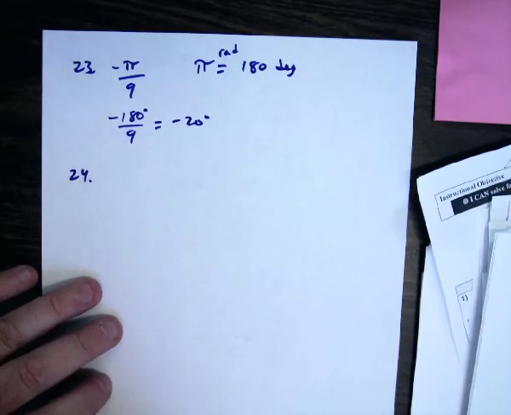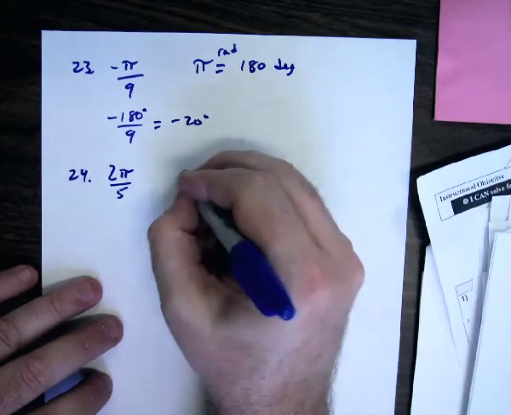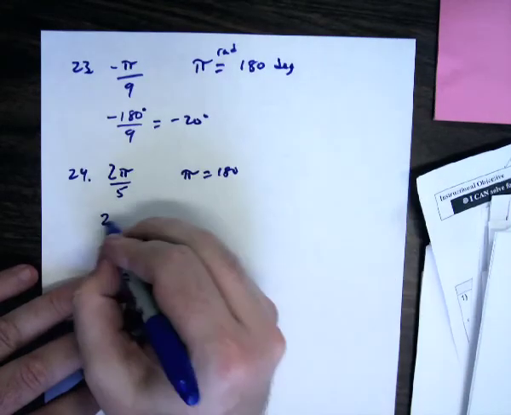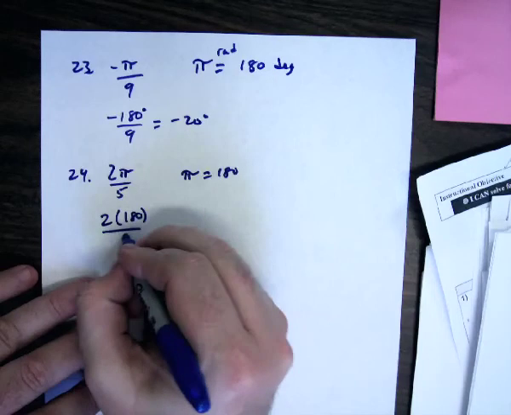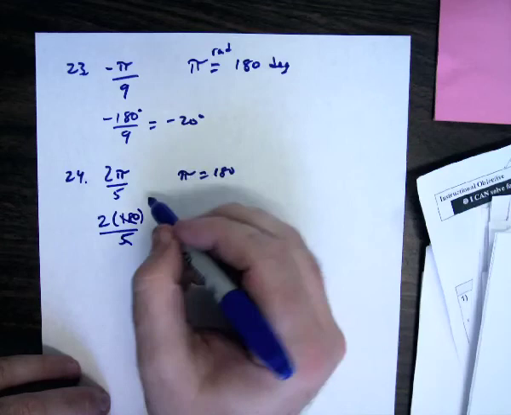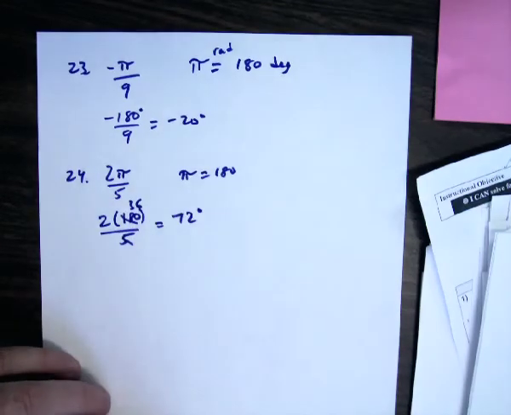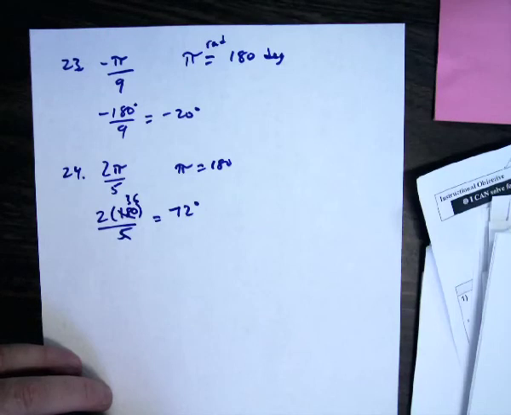24 is 2 pi over 5. And once again, pi equals 180. 2 times 180 over 5. 5 goes into 180 36 times. 36 times 2 is 72 degrees. And that's really exactly what 25 and 26 look like.